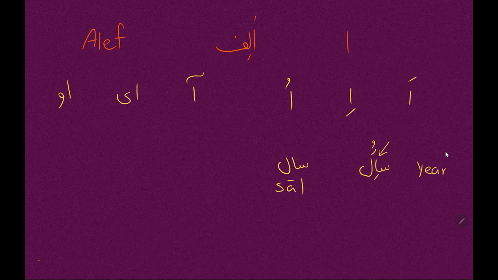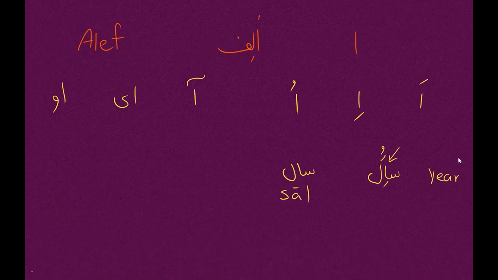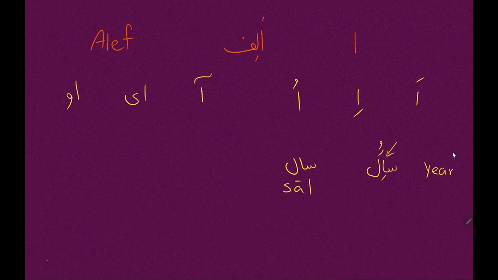These signs can be added to alef only if the alef comes in the beginning of the word, for example in the name Amir. Because the alef comes in the beginning of the word, you can add a or e or o to this letter to make different kinds of sounds.